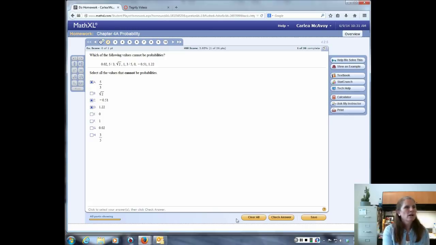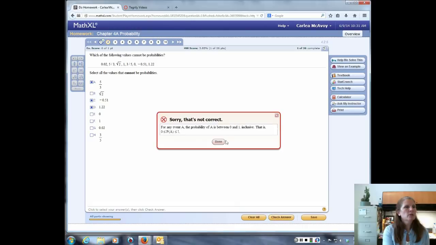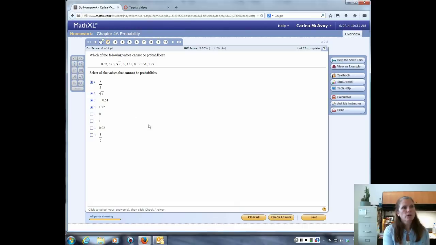And it's not irrational. We can't put an irrational number in there, so the square root of 2 doesn't make sense either. It could be anything between 0 and 1. This is 0.6 if we change it. So there's all the possibilities. If you took the square root of 2 and then rounded it, you could get a probability, but I guess they're saying if it's exactly the square root of 2, it can't be an irrational number.